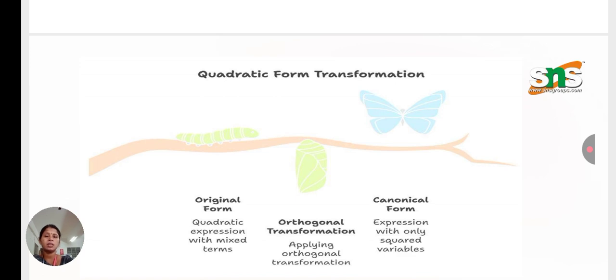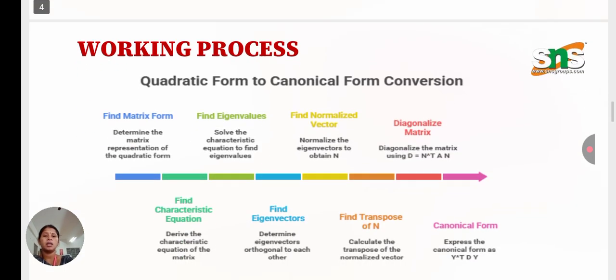For these three major steps, we follow a 9 step procedure for the canonical form conversion. Step 1 is finding the matrix form, as we discussed earlier. In step 2, from the matrix we find the characteristic equation, and then in step 3 we find eigenvalues and eigenvectors.